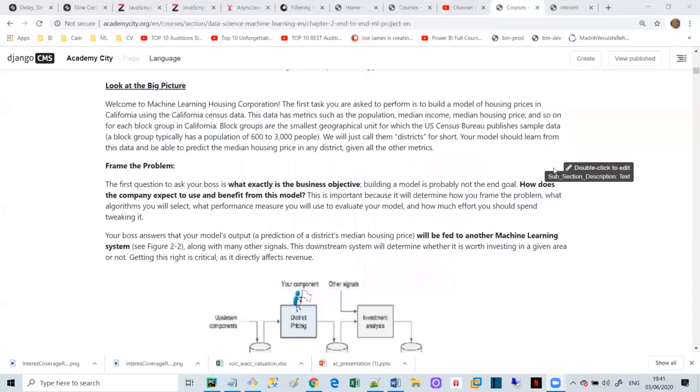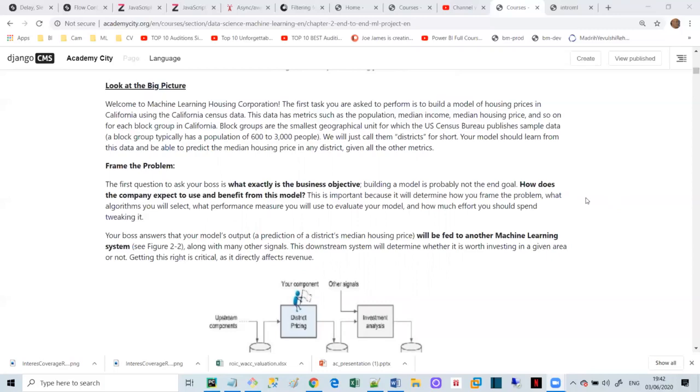But now you want to be really more specific, because so far I was saying a lot of things that seem clear, but when you're doing machine learning projects, you really want to know what your product is going to be used for. What do I mean by that? If I give you a system that can explain the prices in different districts, what is my company going to use my algorithm for? Okay?